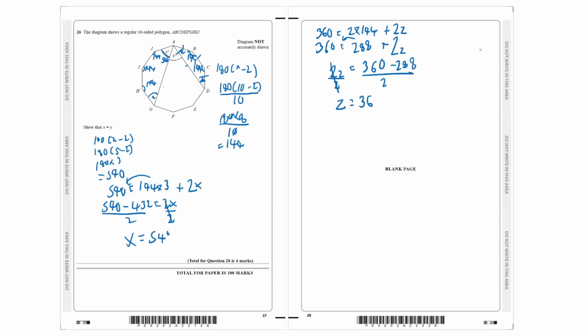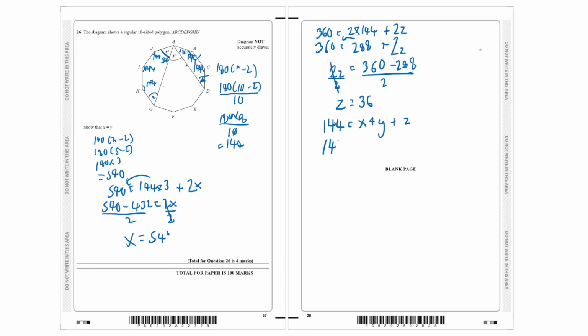36. And now that we have this angle, which is 36, we can then use one of the angles, since we know it to be 144. We can then subtract x and z. So finally, we have 144 is equal to x plus y plus z.